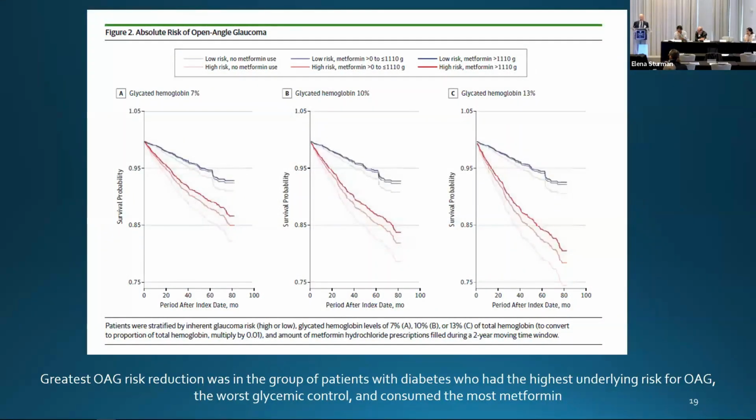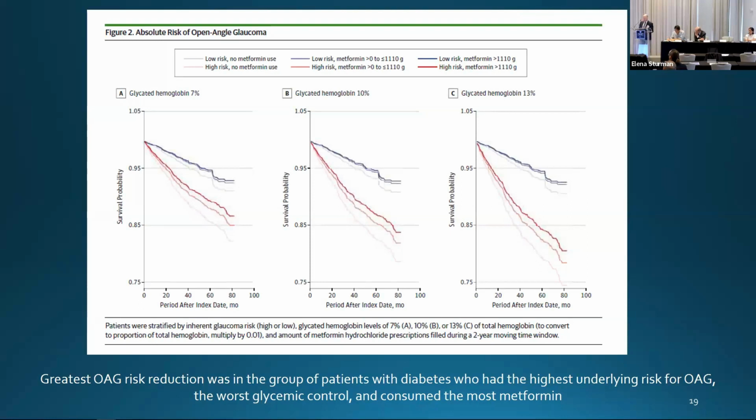So here you can see, again, the slide is a little busy, but we stratified hemoglobin levels of 7, 10, and 13, and then low and high risk, and no metformin, moderate amount of metformin, highest amount of metformin.